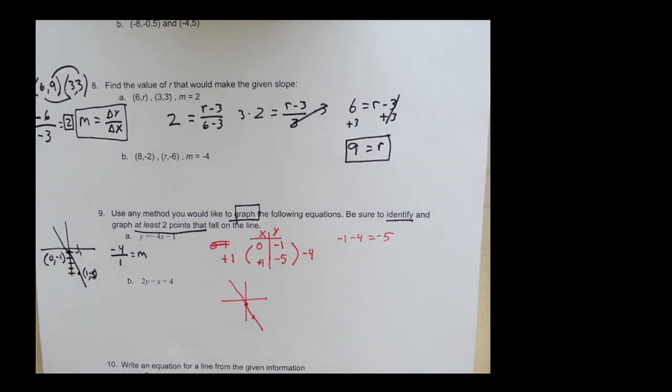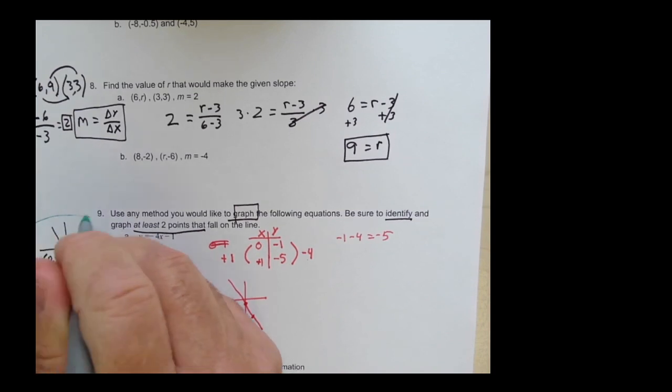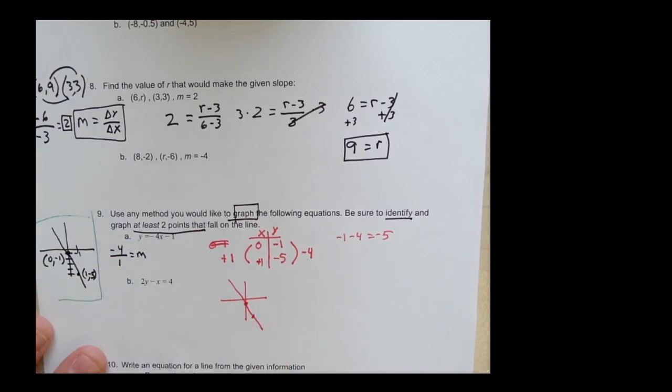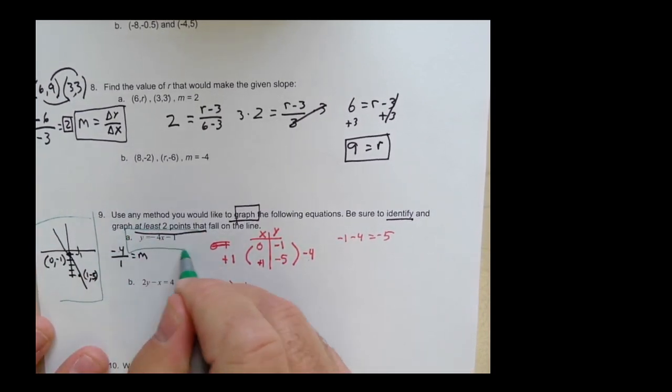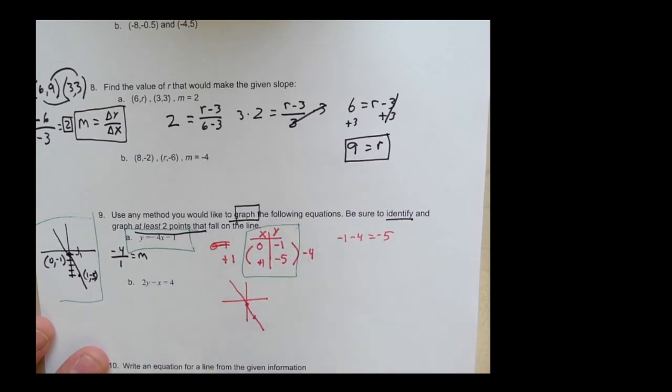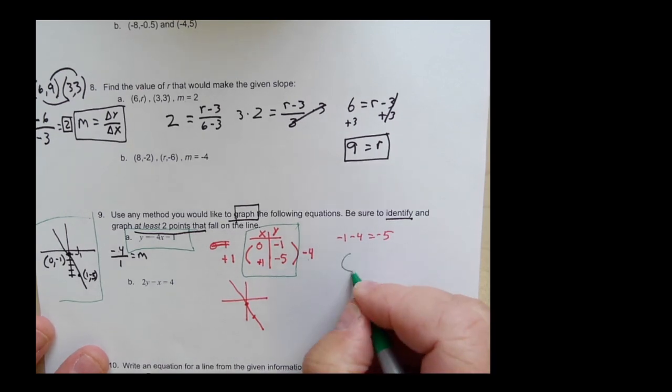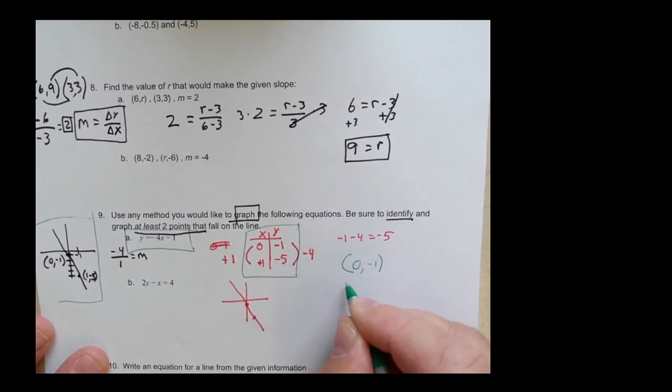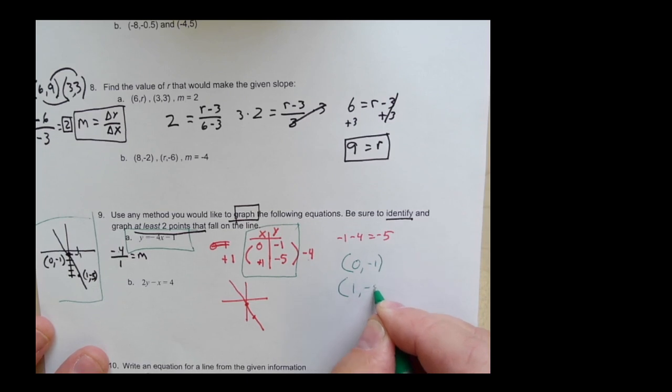Use green for this. Graph. Equation. Table. Points. They all mean the same thing.